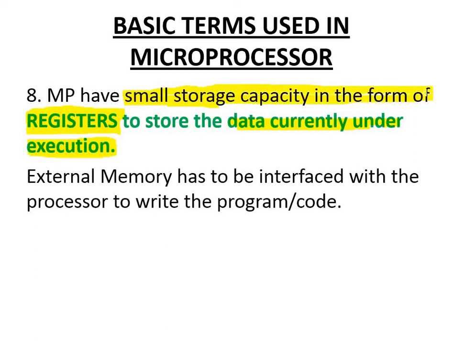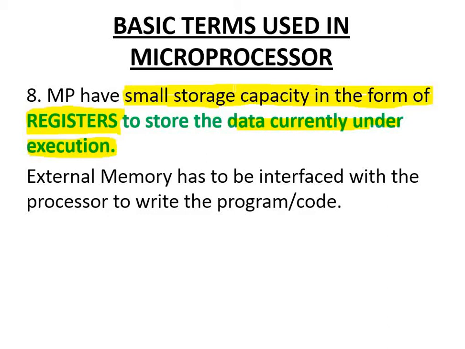The microprocessor has so many registers. Some special registers are there, like the accumulator and flag registers. Some general purpose registers are there. The program counter points to the memory location from where the next instruction is to be fetched.